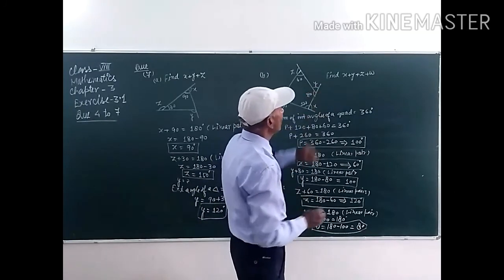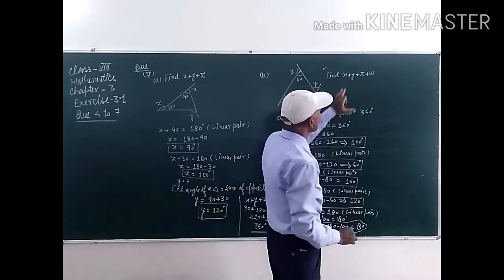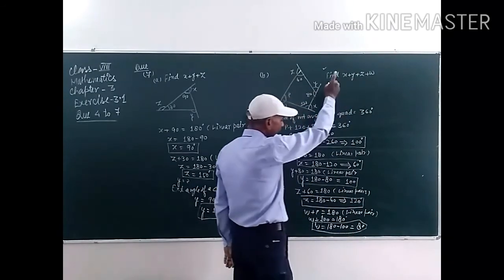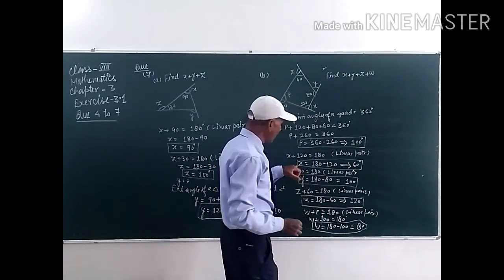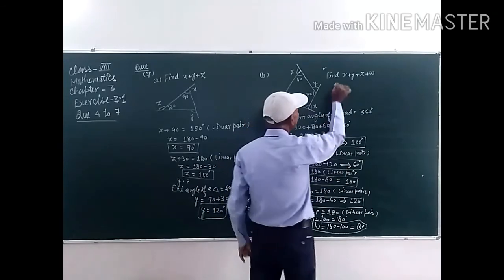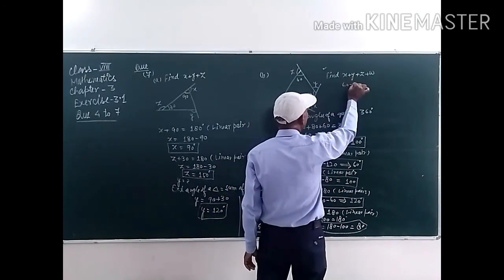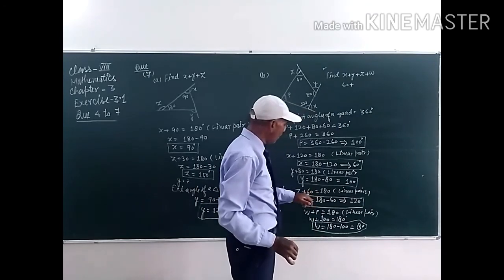Now we have to find out x plus y plus z. So x, what is x, student? The value of x is 60 degrees, plus what is the value of y?